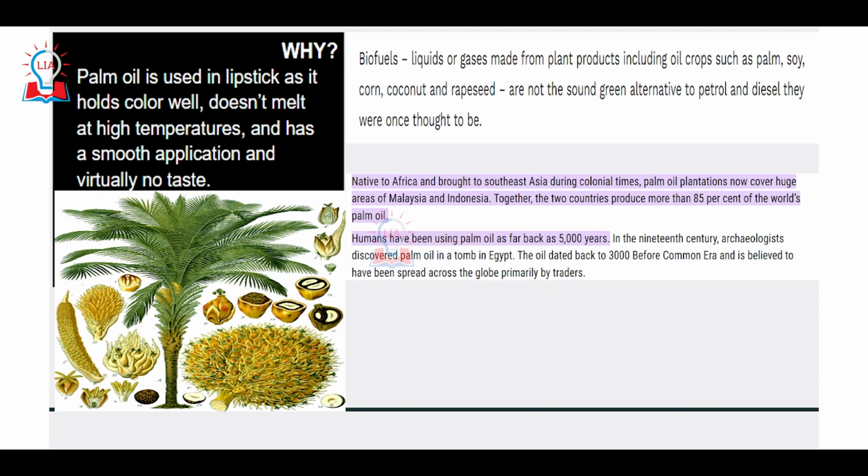And if you try to trace back the history of palm oil, it can be traced as far back as 5,000 years. Archaeologists believe that the first palm oil tree we can trace back to was discovered in a tomb in Egypt.